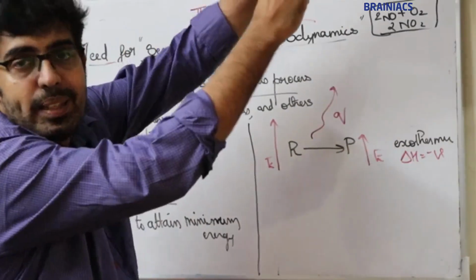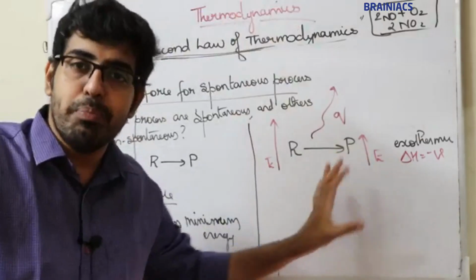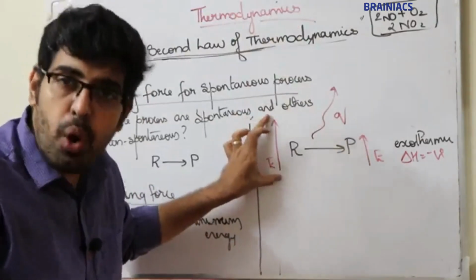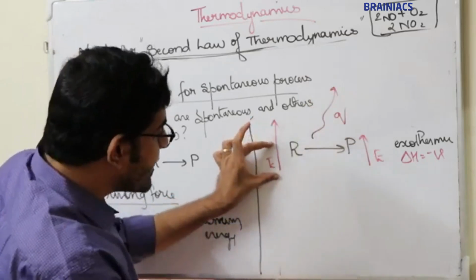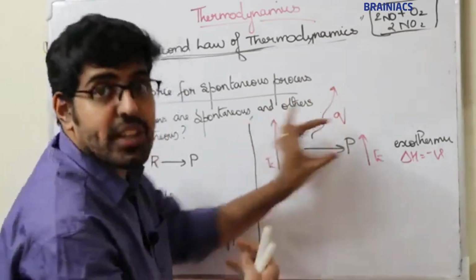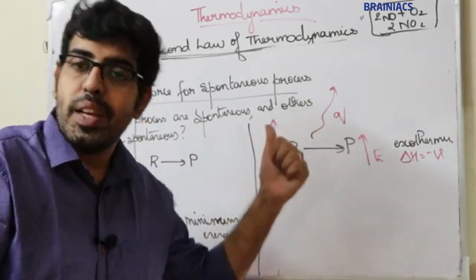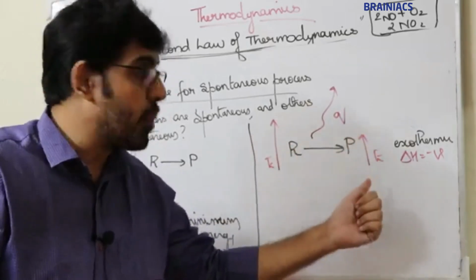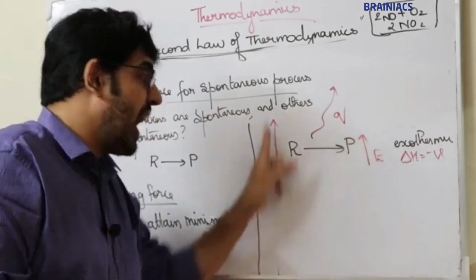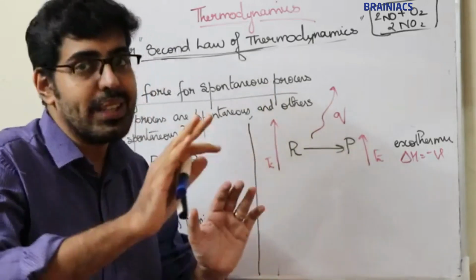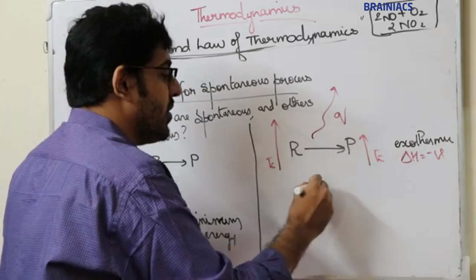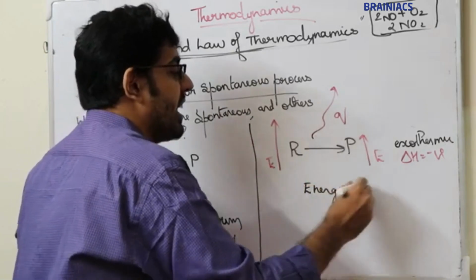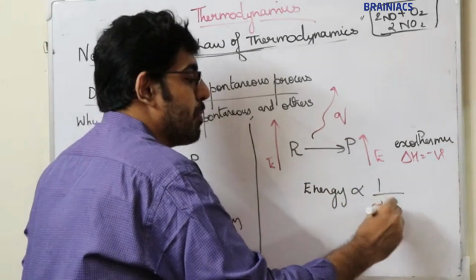The reactant has more energy, and it is liberating energy, so that energy decreases, and that's why it converts to product. So in an exothermic reaction, the energy of reactant is greater than that of product. I think it's clear. Now you know that energy and stability are inversely proportional.